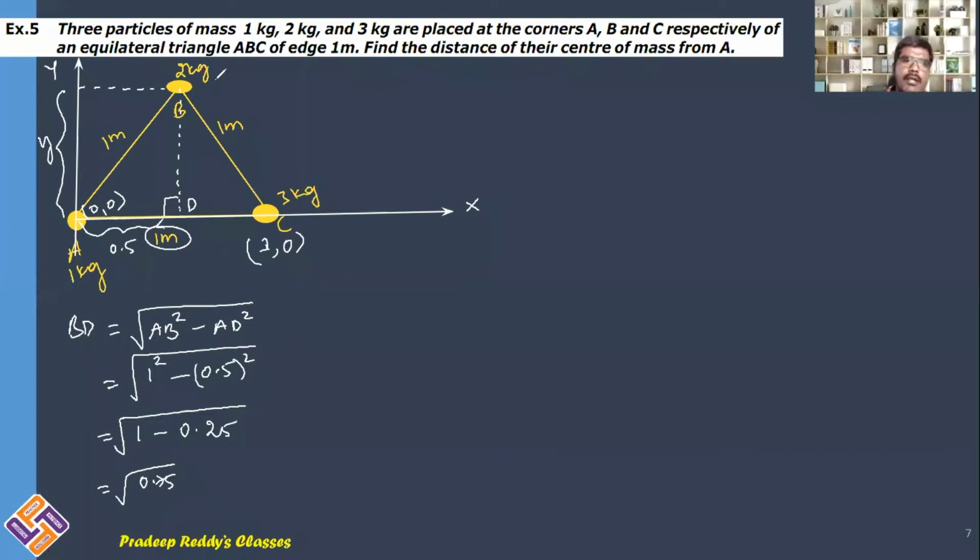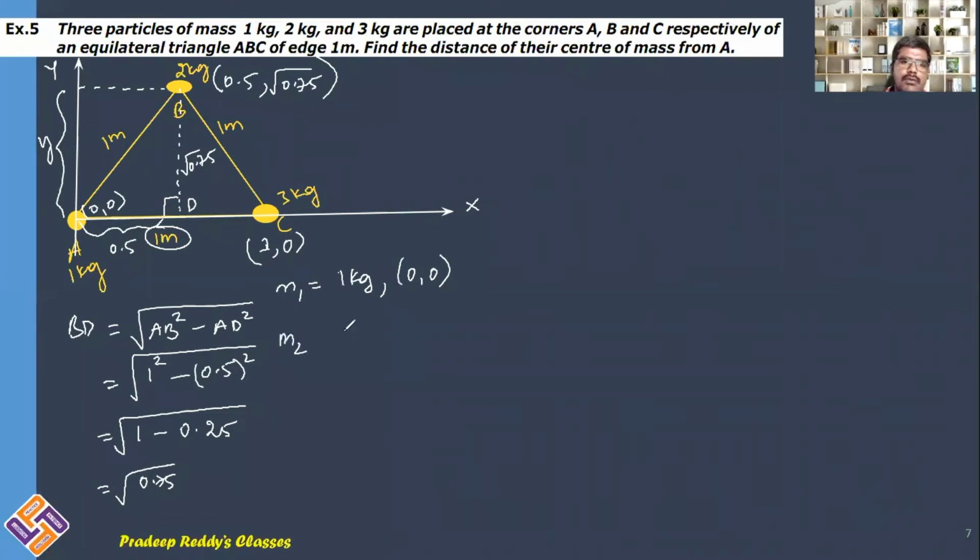So what will be the coordinates of this 2 kg? Along the x-axis it is 0.5, and along the y-axis this length is under root 0.75. We have got the coordinates of all the three masses. M1 is equal to 1 kg, and its coordinates are 0, 0.